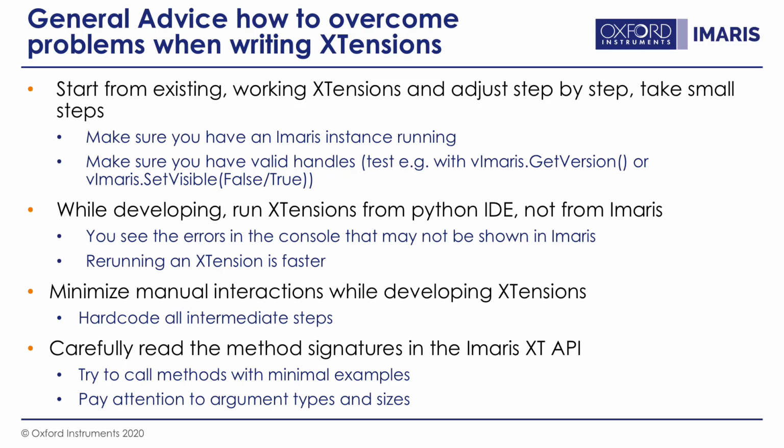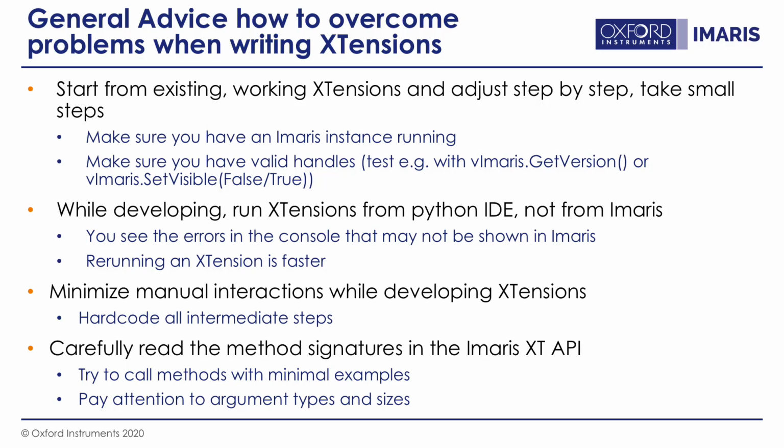If you start from a working extension and modify it slowly, piece by piece, you see that at the beginning it's working, and when you change something and it's not working, then you know the error occurred in the last change that you did.